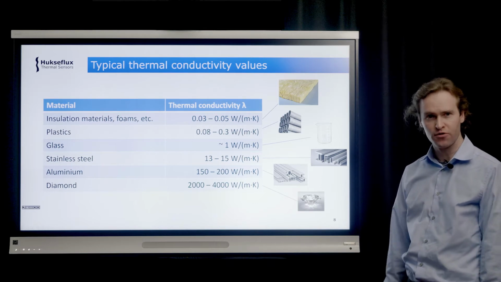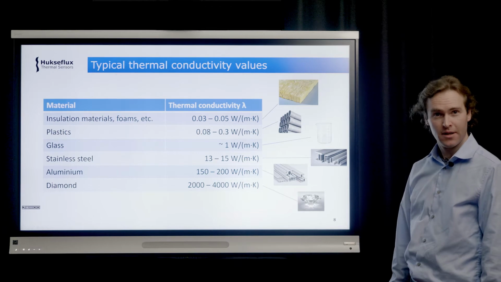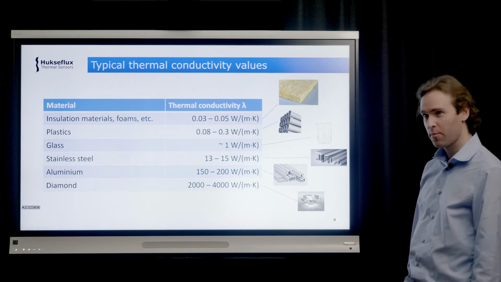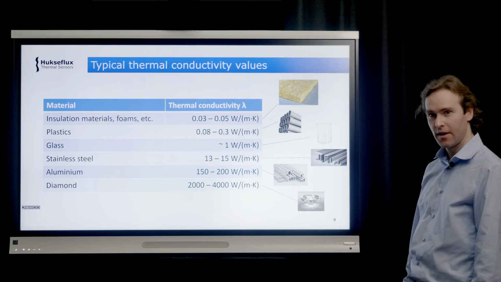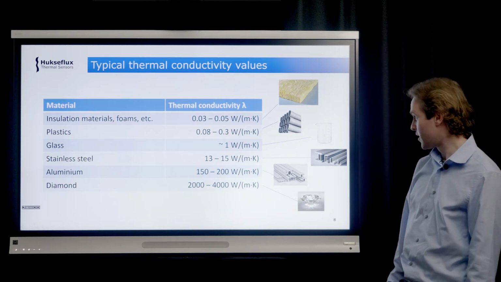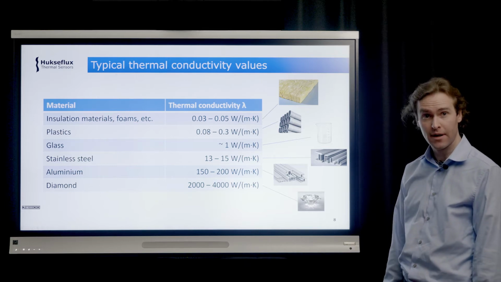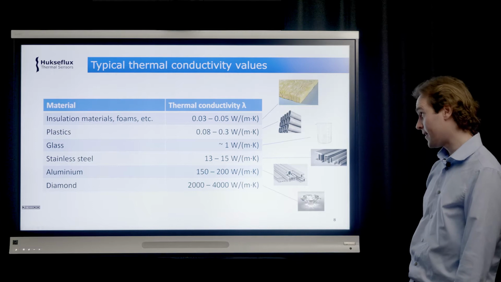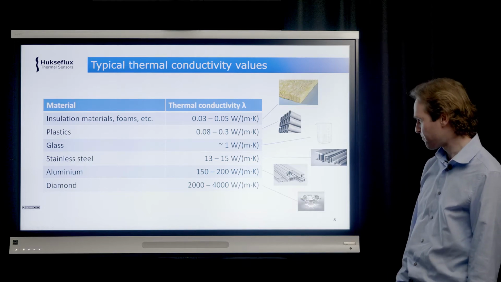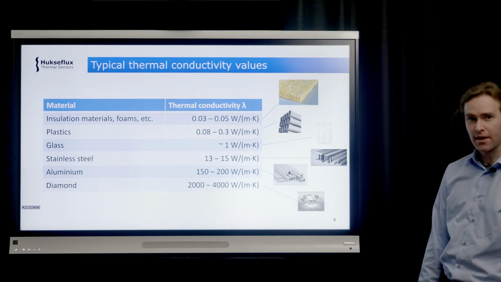Plastics are on the order of 0.1 watt per meter Kelvin. Glass is on the order of 1 watt per meter Kelvin. Then we have some alloys like stainless steel, which are already pretty good conductors. They have a thermal conductivity of about 13 to 15 watt per meter Kelvin. But they are not as good as aluminum. So aluminum is around 200 watt per meter Kelvin.